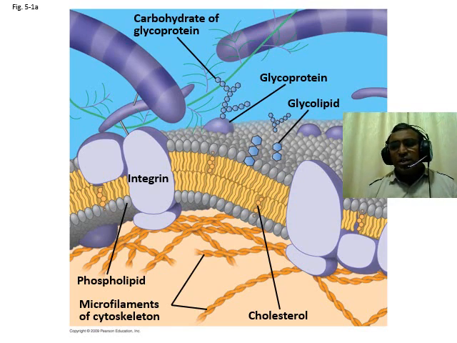So you can see outside of the cell membrane, outside of the cell, there's a lot of activity. You have the glycoprotein, the glycolipid. You also can see the proteoglycan that you learned in the carbohydrate lecture.